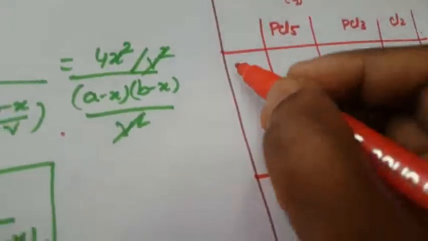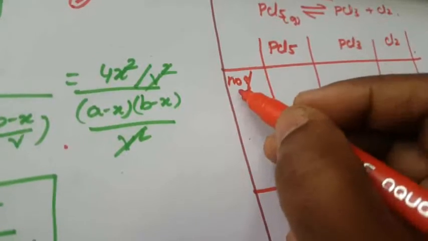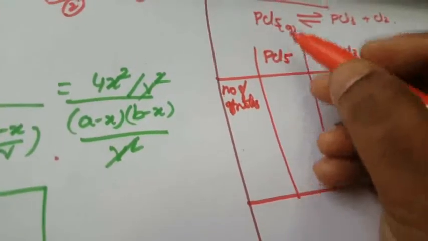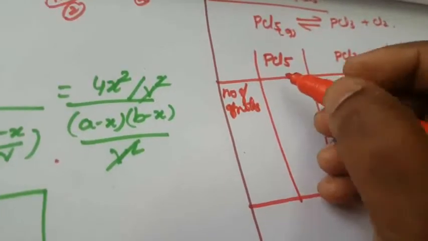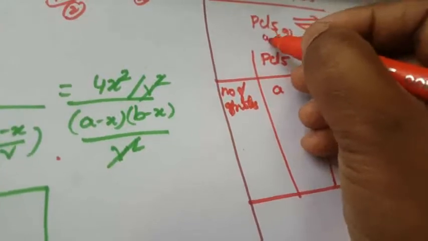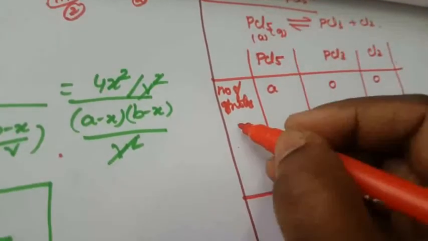First is the initial number of moles. How many moles? We consider A moles for PCl5, and 0 for the others.